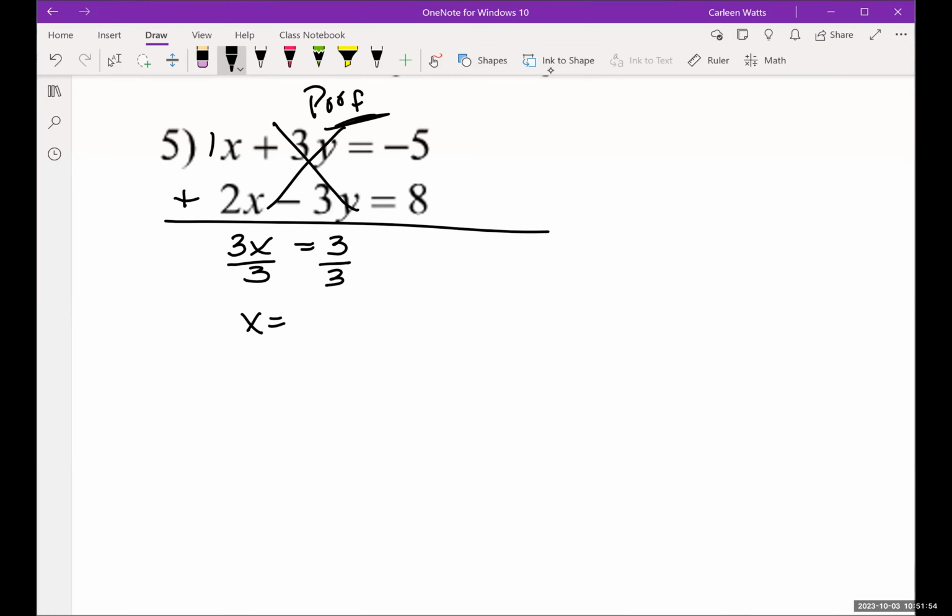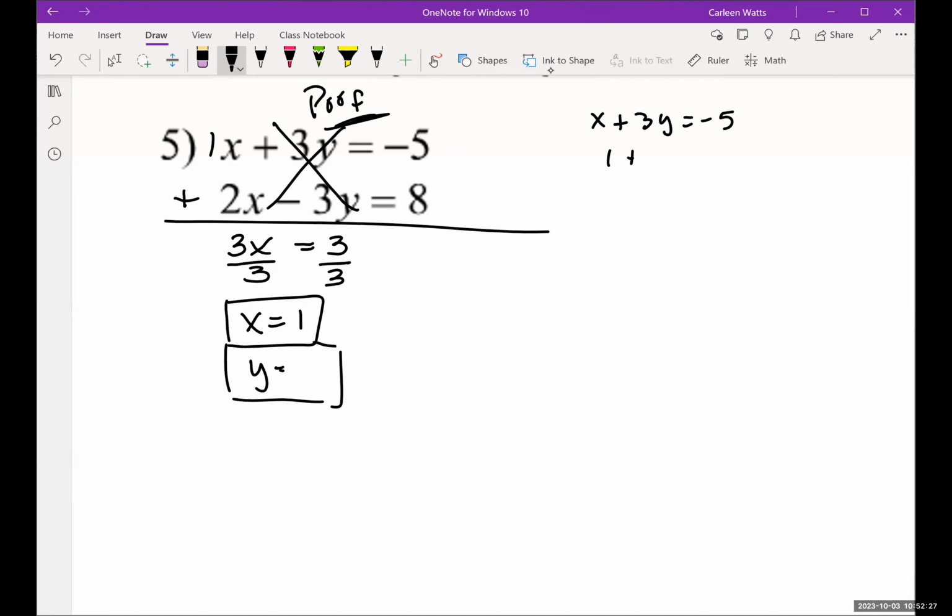So x equals 1. But we know when we graph it, we're looking for an ordered pair where these two lines intersect. So I also need a y value. So what am I going to do? How can I solve for y? Plug in. All right, so we're going to plug into this one.